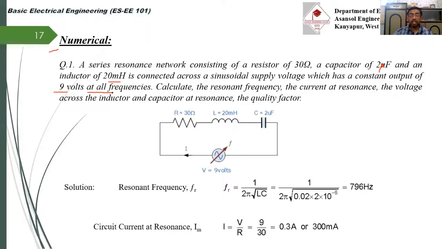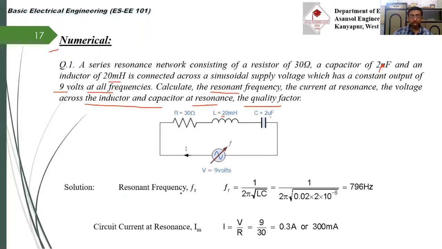Now calculate the resonant frequency, the current at resonance, the voltage across the inductor and the capacitor at resonance, and also find the quality factor. So what is already given? L value and C value are already given.